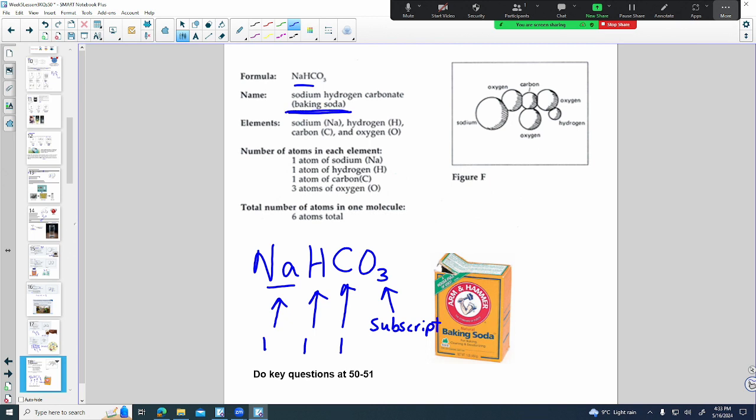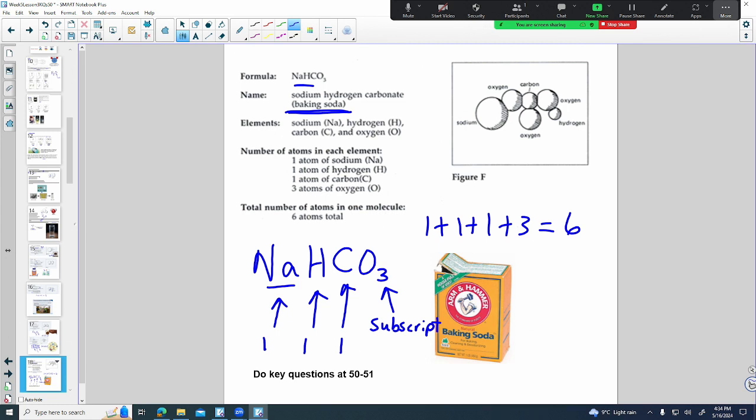So just add those all together. You have 1 plus 1 plus 1 plus 3. So simple adding. So you have 6 atoms in one molecule of baking soda.